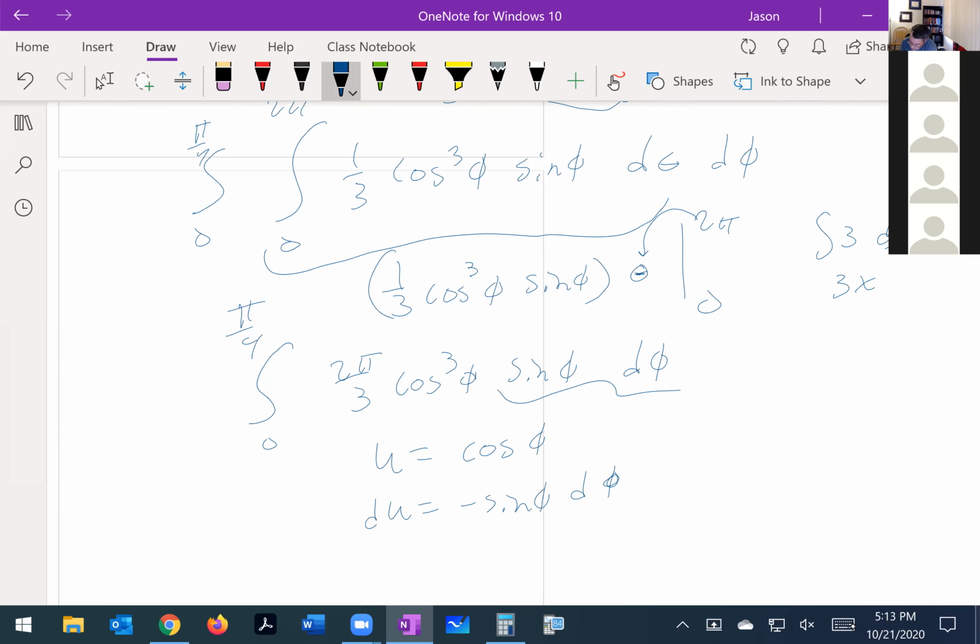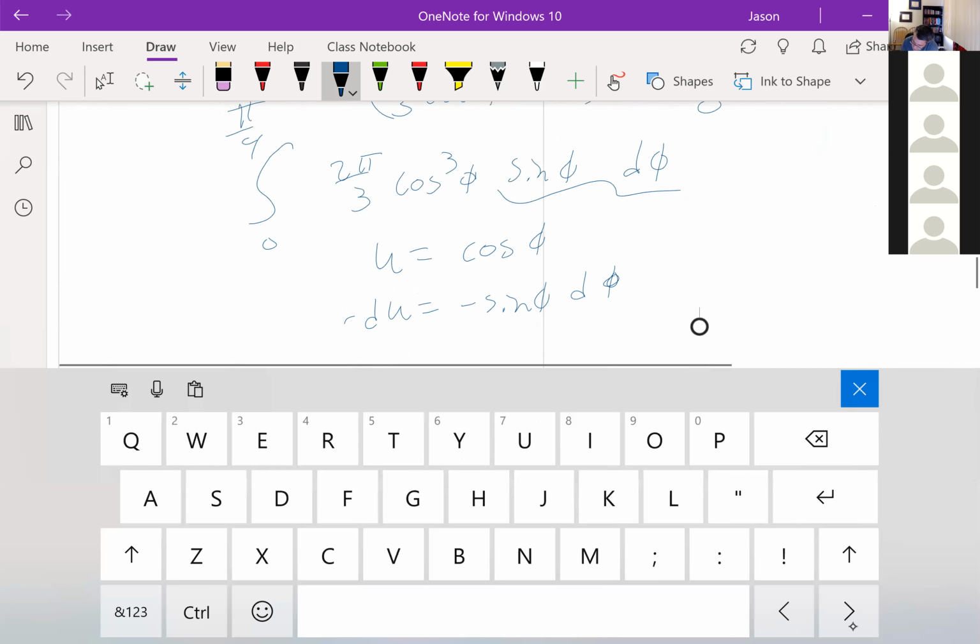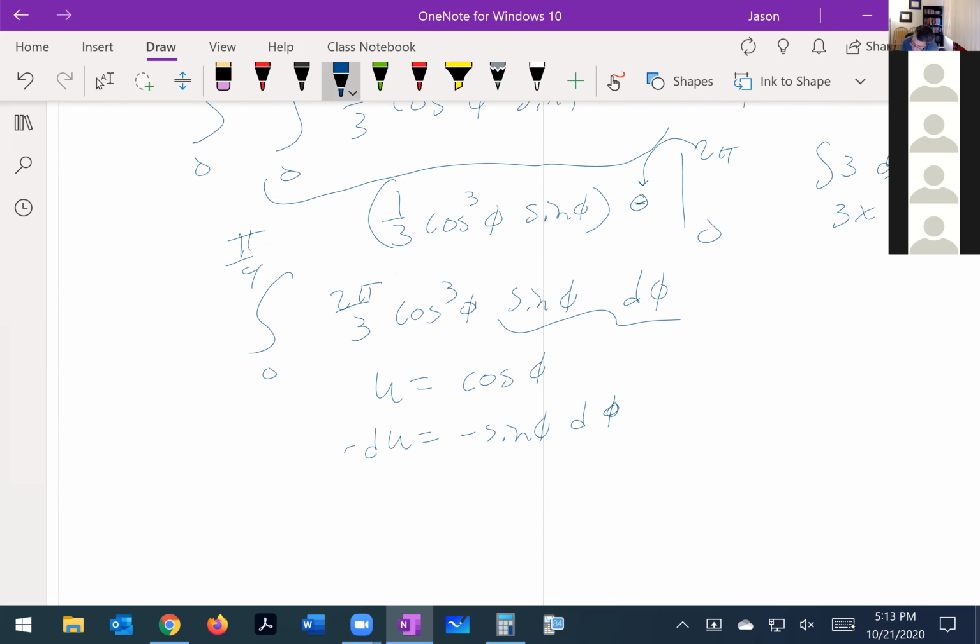I just have a negative du this time. So if I want to change my limits, what's the cosine of 0? Cosine of 0 is 1, right? What's the cosine of pi over 4? Radical 2 over 2. Okay, nice. So this is 2 pi over 3.